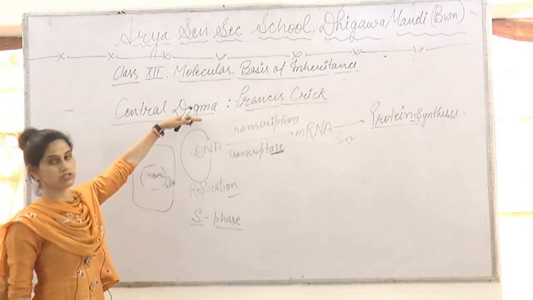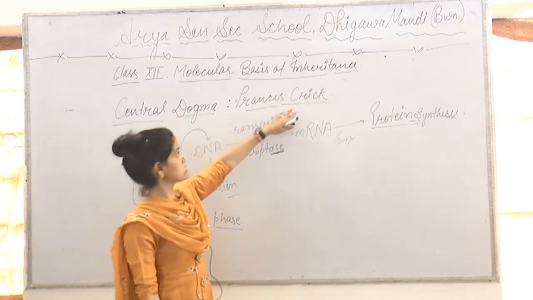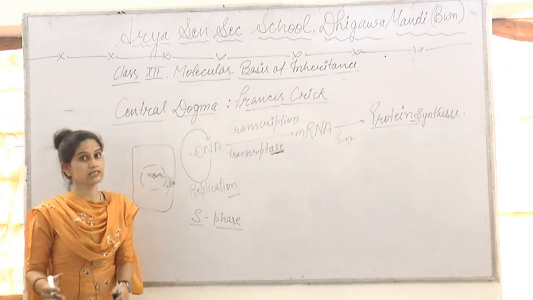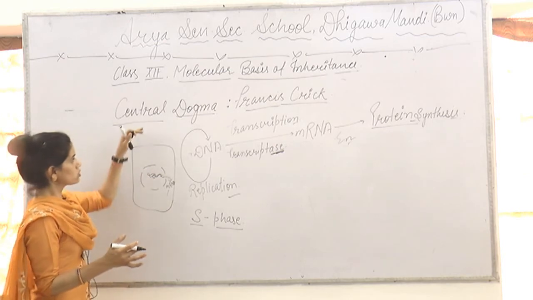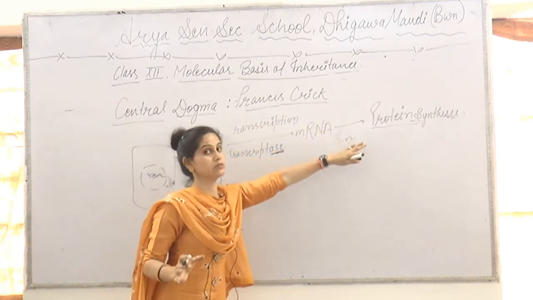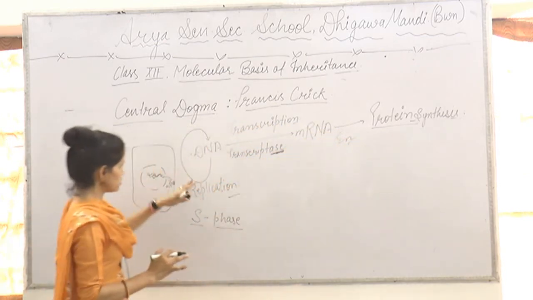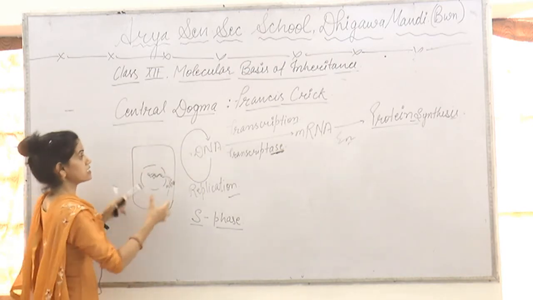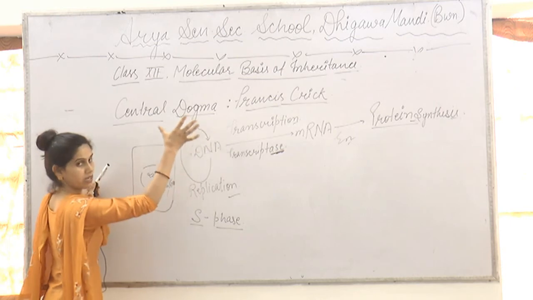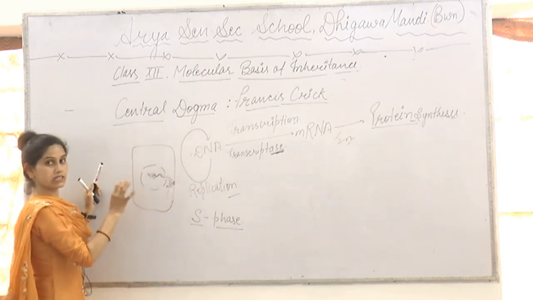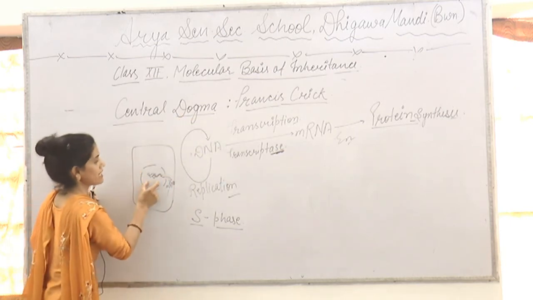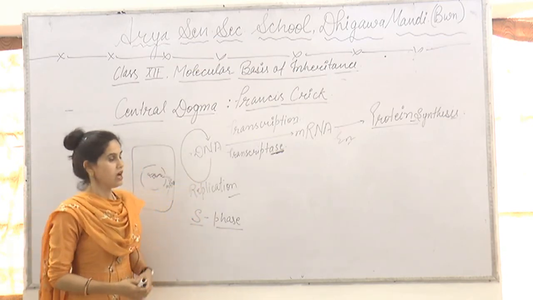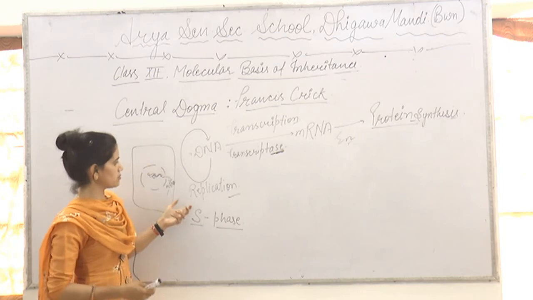Central dogma was discovered by Francis Crick, and according to him, central dogma is a process through which finally protein synthesis takes place. It is synthesized from the DNA, which is present within the nucleus and associated with histone protein. But later on we will discuss the histone protein.